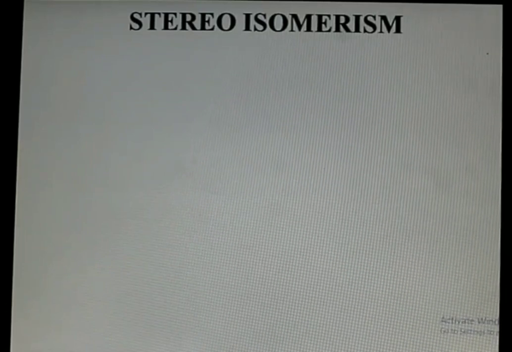All these matters come under stereochemistry. So one of the most important properties which we have to understand by using three-dimensional structure or stereochemistry is stereoisomerism.